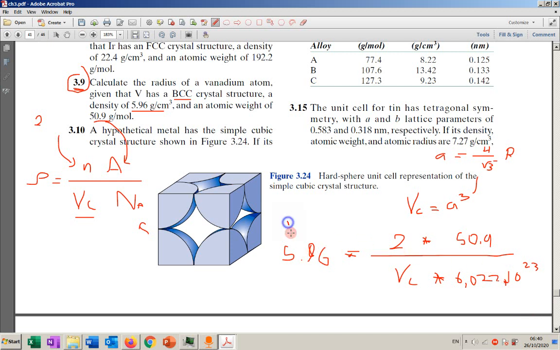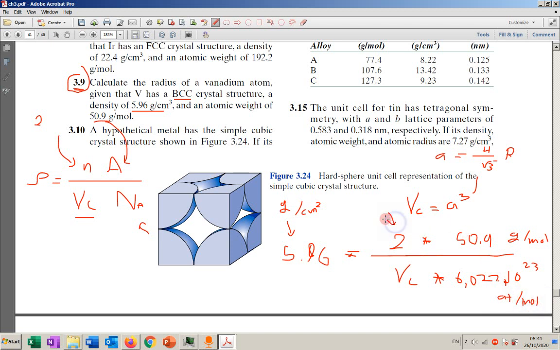So the units for density are gram per centimeter cube, because I need to know what the unit of the volume will be.